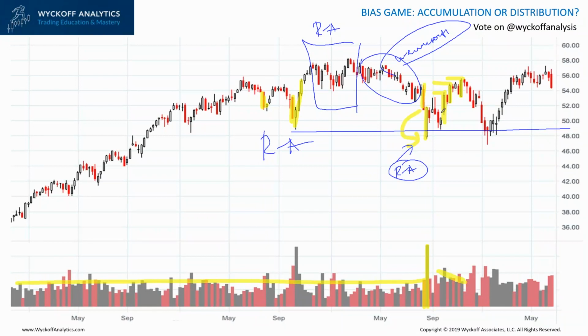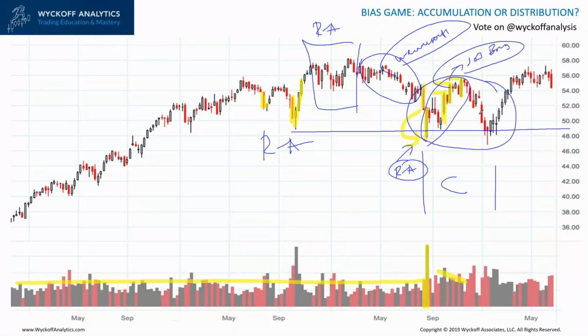I would be thinking that this is almost like a structure for phase C, because the way the price travels off the low reminds me of the way the price springs and then goes into the sign of strength rally, where you see a lot of sign of strength bars, and those are definitely looking like sign of strength bars. Well, maybe the market or something else.